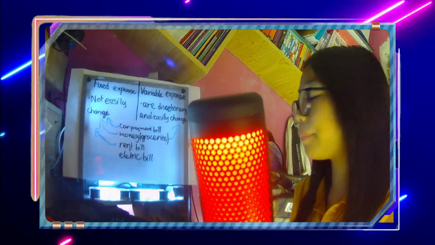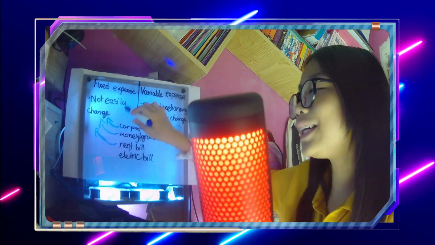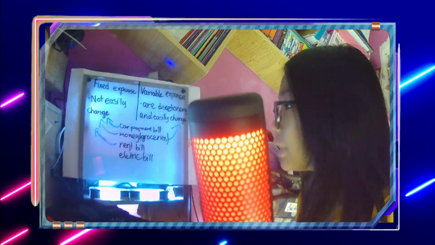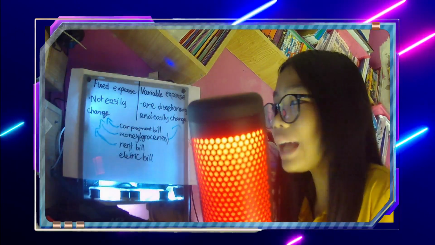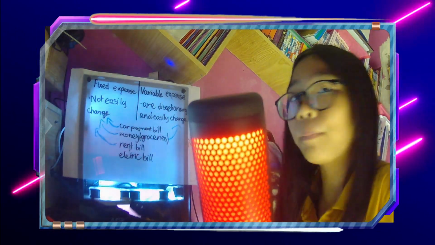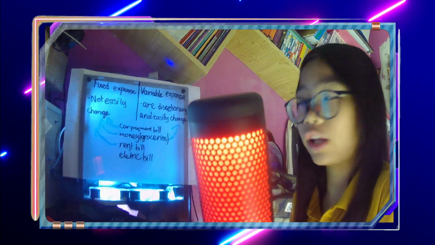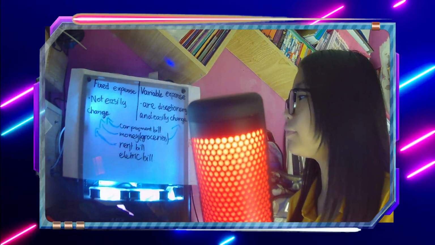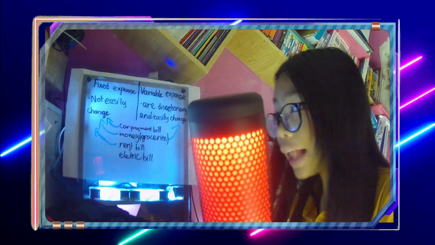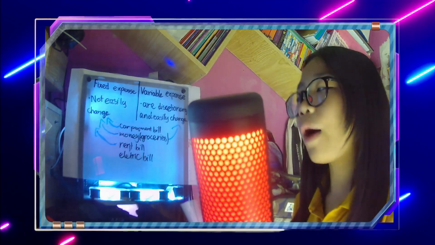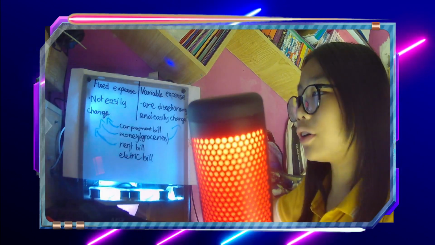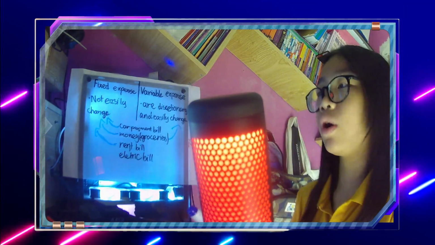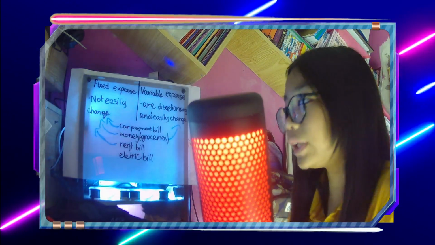Why? Well, because it is not easily changed. Your electric bill is something you have to pay every month, and if you don't pay it, you'll be shut off from electricity. So it is not easily changed, because we need electricity. However, the amount of the bill can easily change. It varies depending on how much electricity we use.